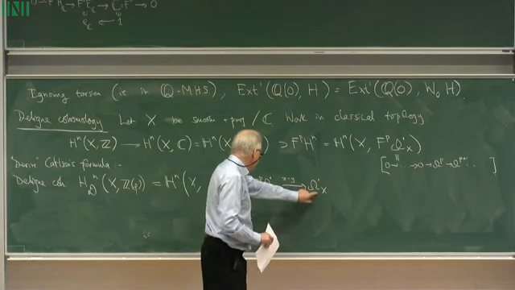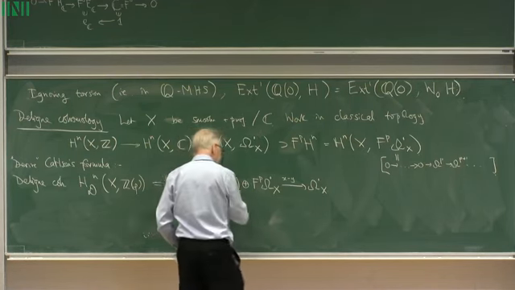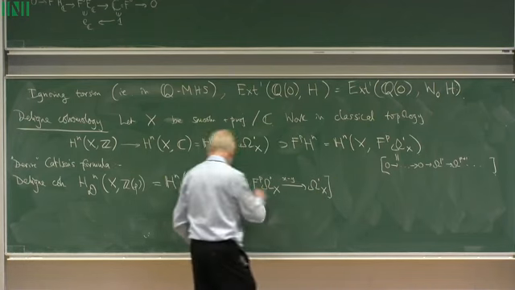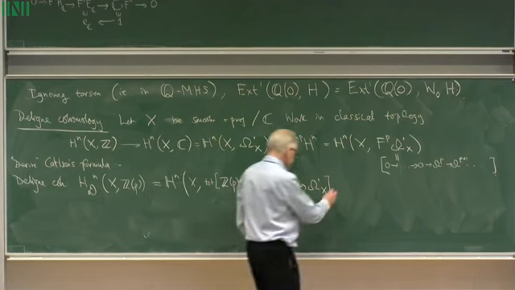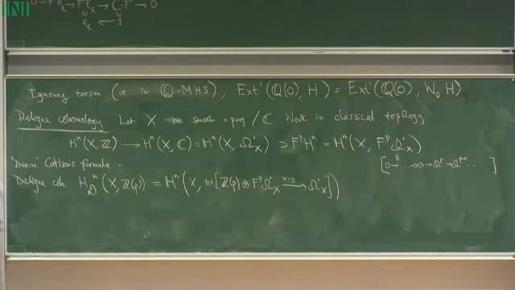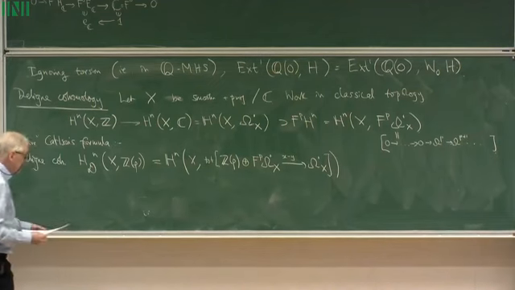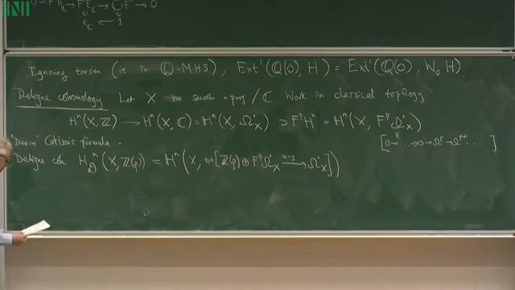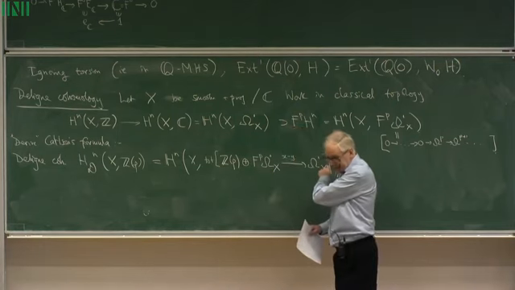The usual way people write this is to take the cone and shift it. We just take the total complex associated to that. This is a map between two complexes, so it's a double complex, right?